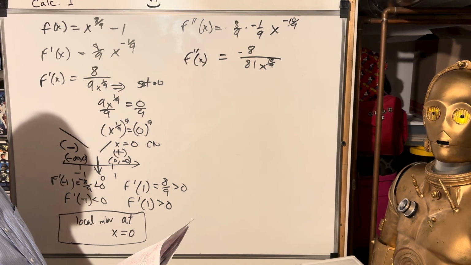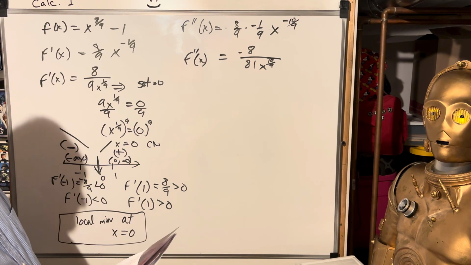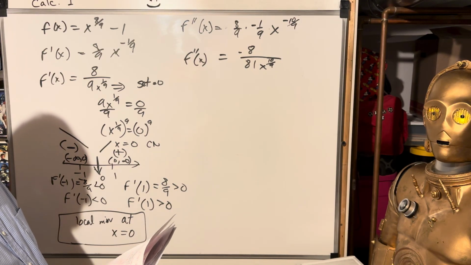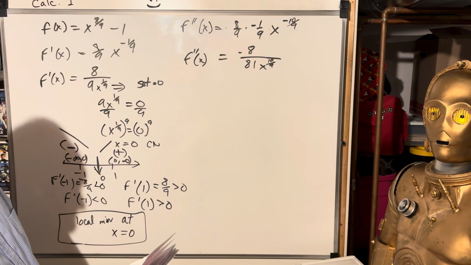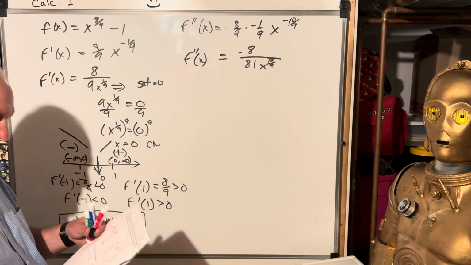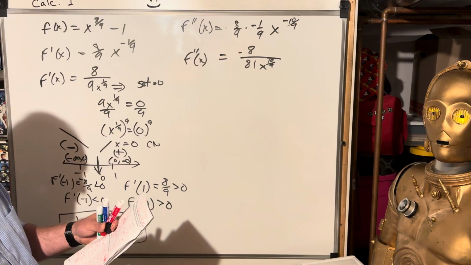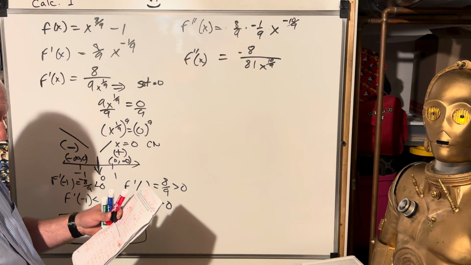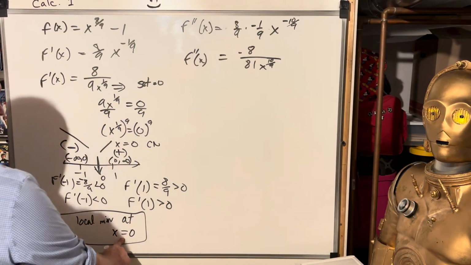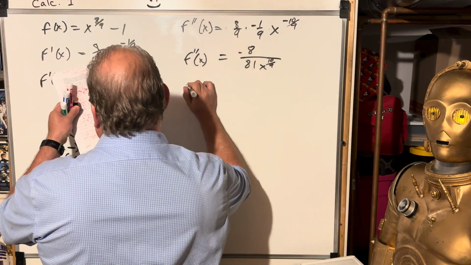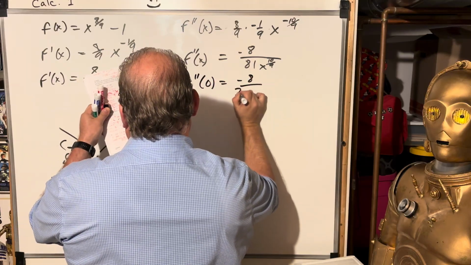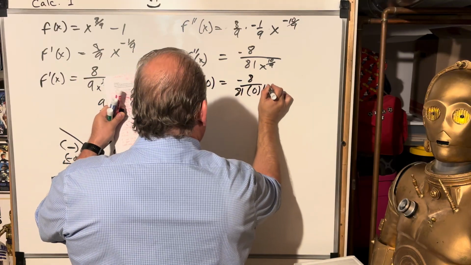So now, second derivative test, what are we trying to do here? If we take our critical number and sub it in there, what's going to happen? It does not exist.